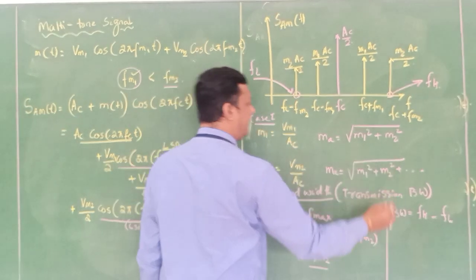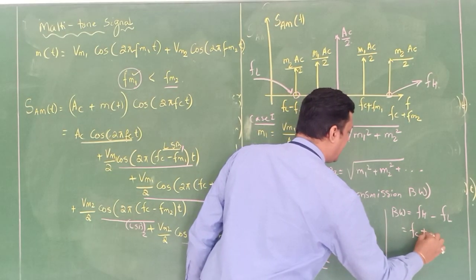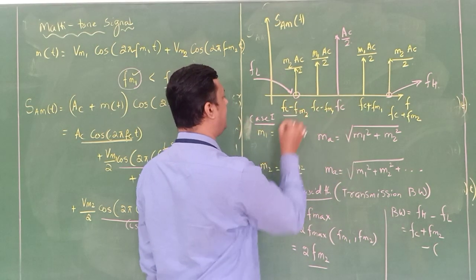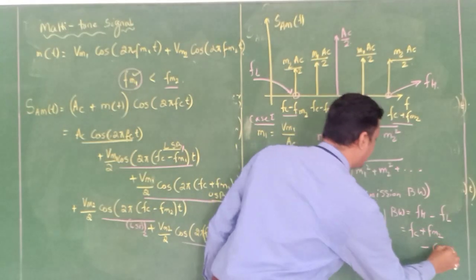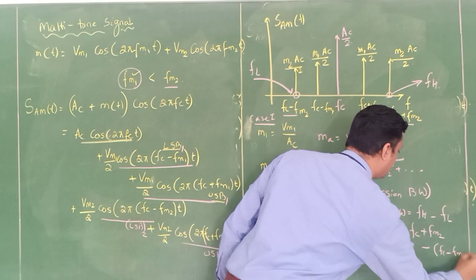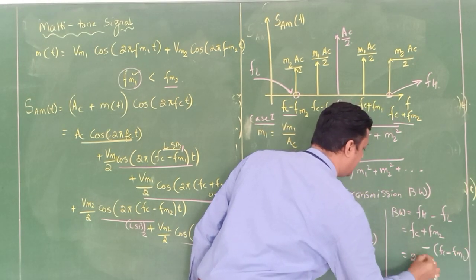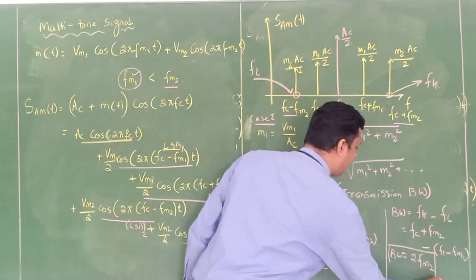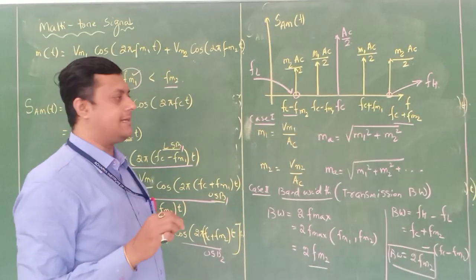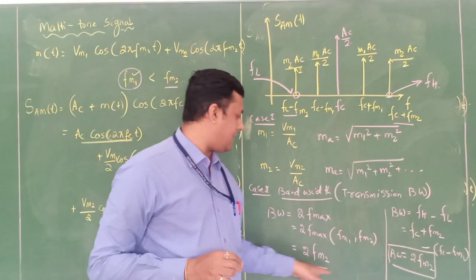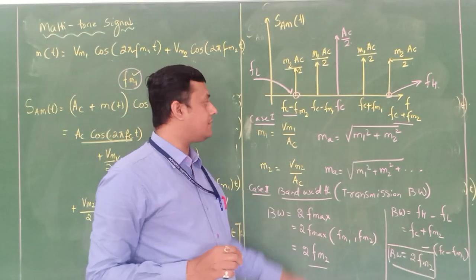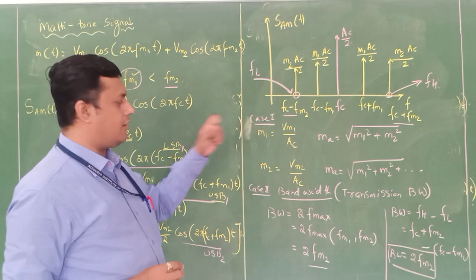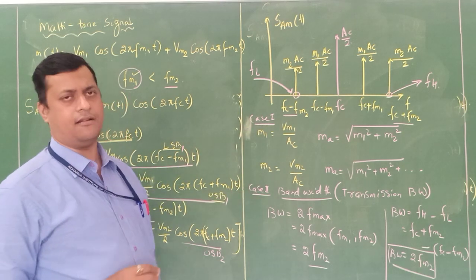What is Fh? Fh is Fc plus Fm2, and Fl is Fc minus Fm2. If you subtract these, you will get twice Fm2. So this is the bandwidth for the multi-tone signal. Is this value the same as before? Yes, it is the same. So this is the multi-tone modulation index and its transmission bandwidth.